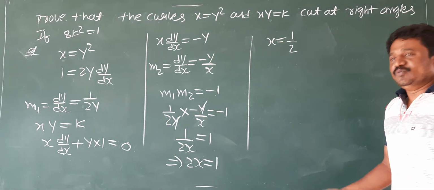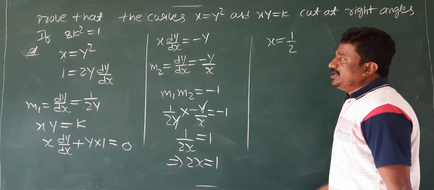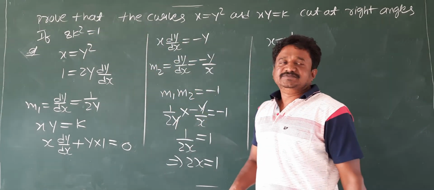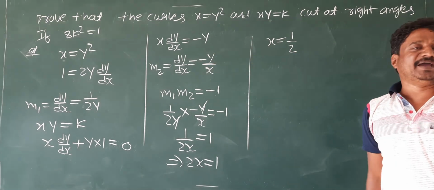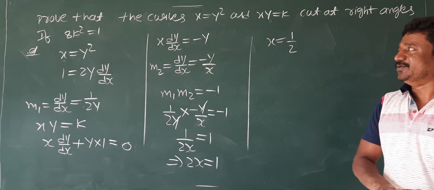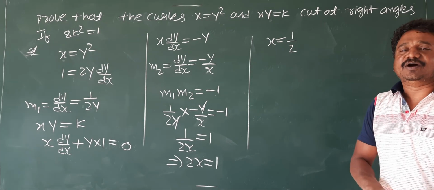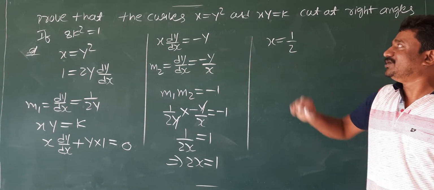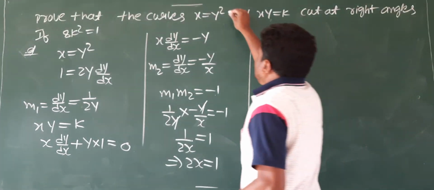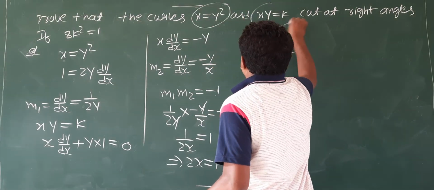Actually, I wanted 8k square is equal to 1. But here I am getting x is equal to 1 by 2. Now how to get that 8k square is equal to 1? You remember this point, students. Use these three equations.